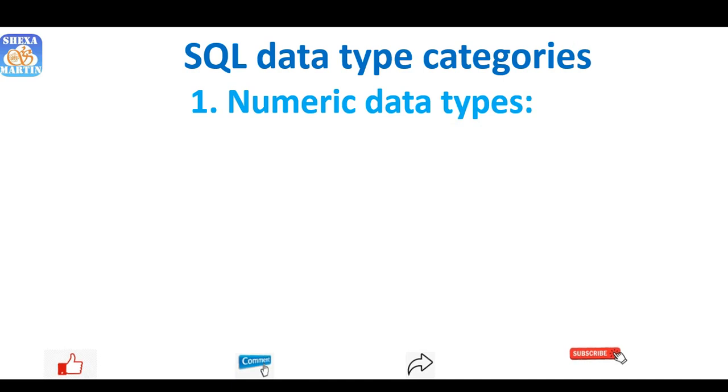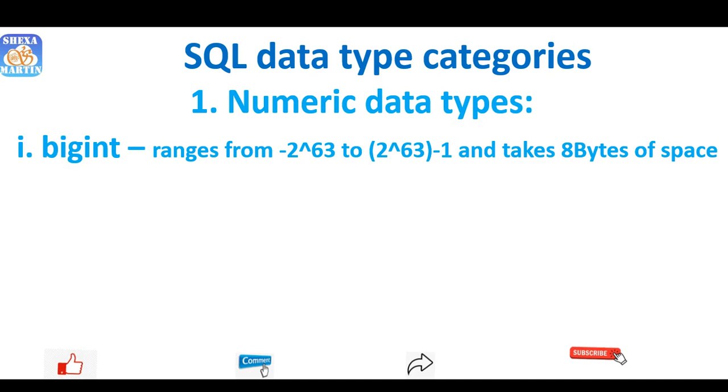So let's talk about bigint as the first one of the numeric data types. A bigint value ranges from -2 to the power 63 up to +2 to the power 63 minus 1. So those are the values that are allowed as bigint.